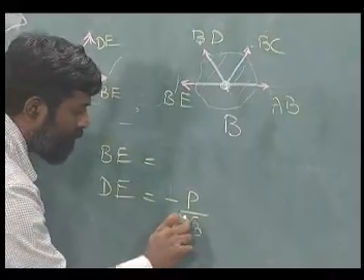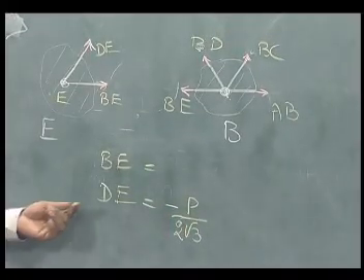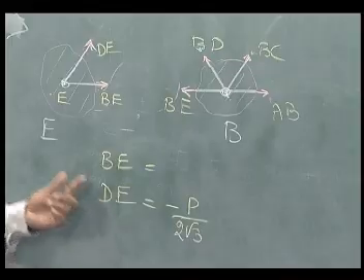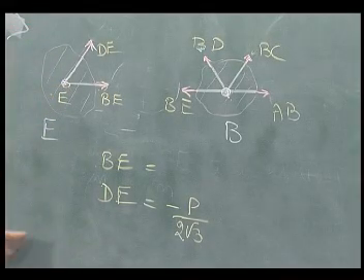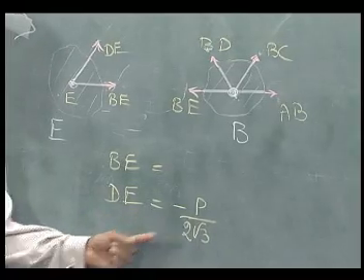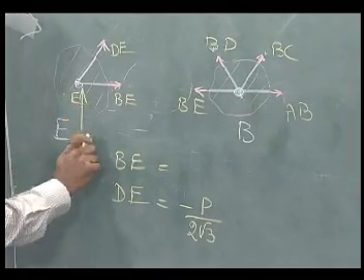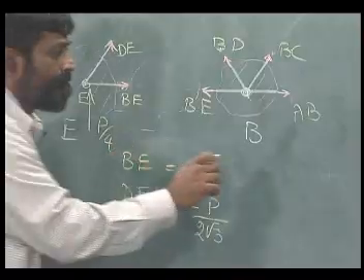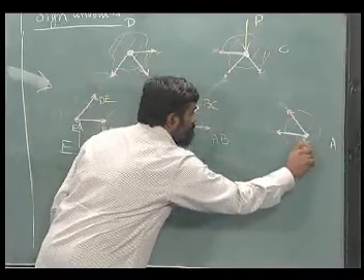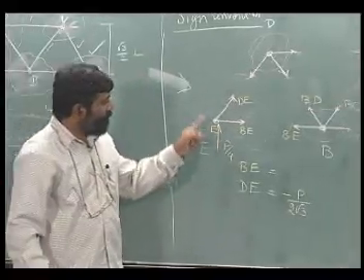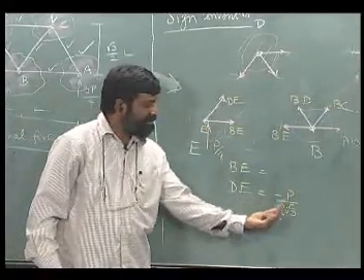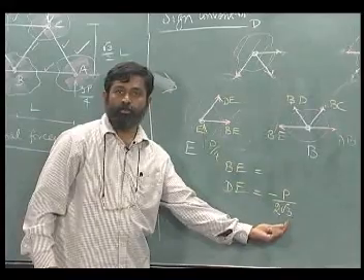2 root 3. Okay. So we happen to get from equilibrium at E, in the vertical equilibrium, DE is equal to, let me just insert the support reaction here. We happen to get DE equals minus P by 2 root 3.